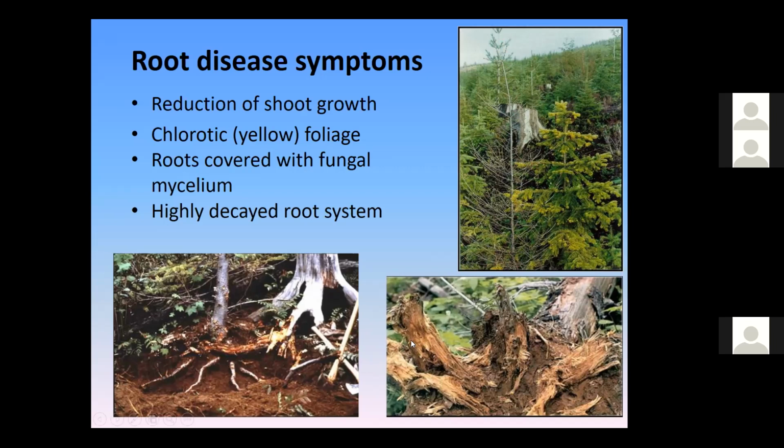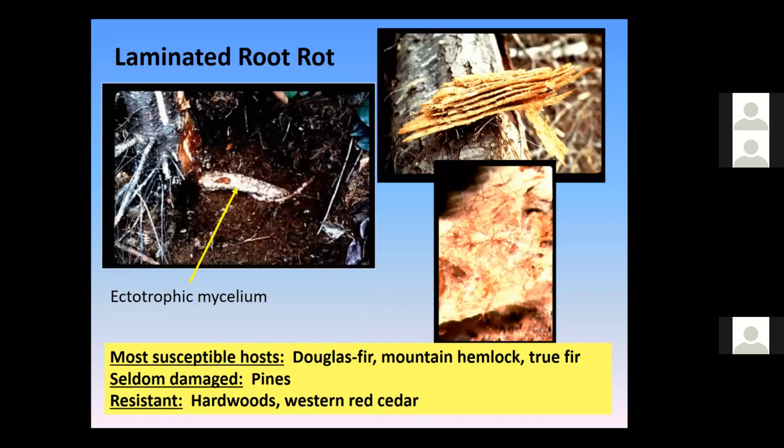But if you can't do that, another thing you can do is just keep an eye out for trees that have fallen over and look at their root systems. And if they're highly decayed, like the one on the right, you might suspect root disease. And you can actually identify which root disease it is by looking at the root bark and the decay pattern.